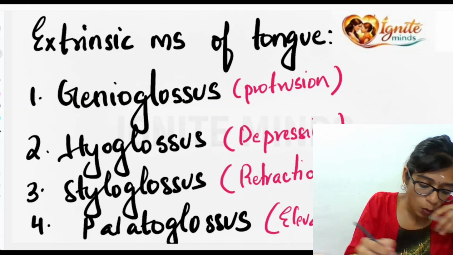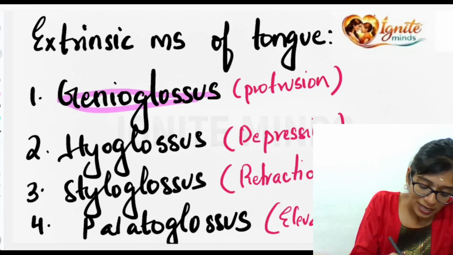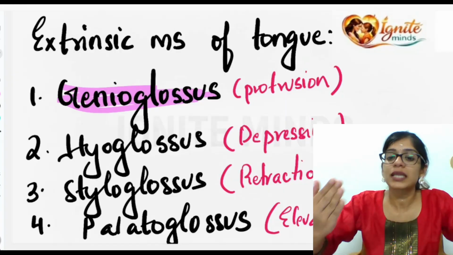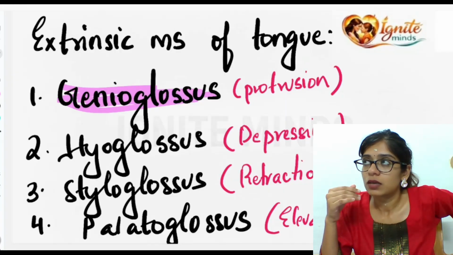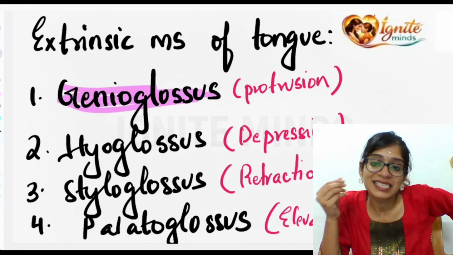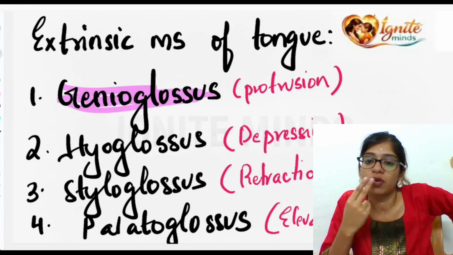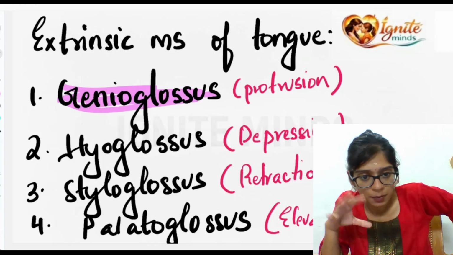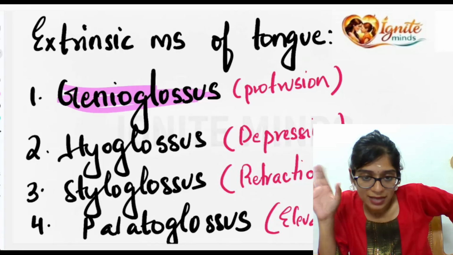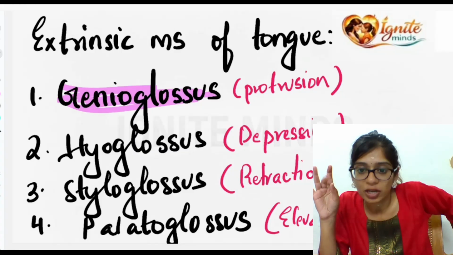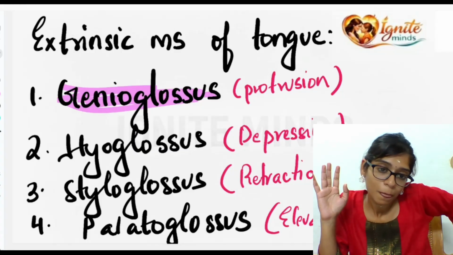At least remember one. Genioglossus helps in the protrusion of the tongue. When you stick your tongue out, that is called protrusion of the tongue. That is done by the genioglossus muscle. We have two genioglossus. You will understand when you see the muscle in 3D. First get acquainted with the names. Extrinsic muscles of the tongue: genioglossus, hyoglossus, styloglossus, palatoglossus.